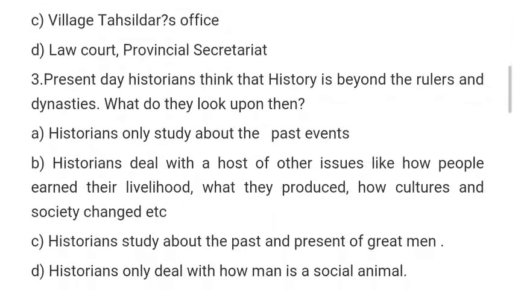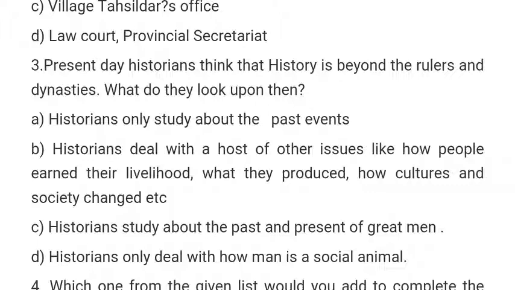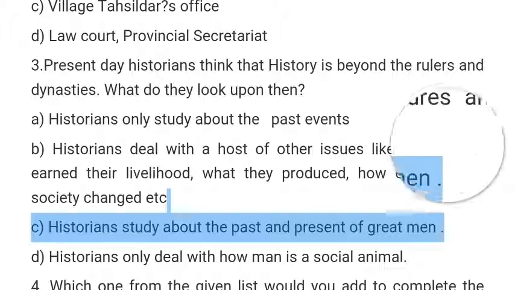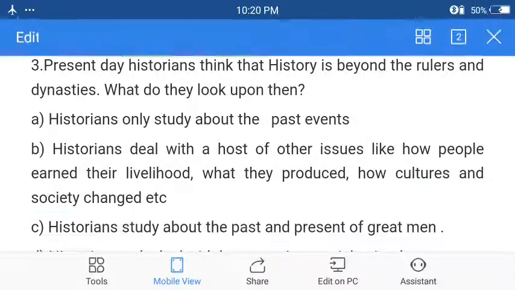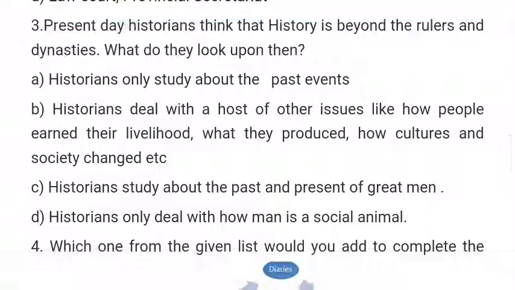Then question 3: present day historians think that history is beyond the rulers and dynasties. What do they look upon then? Historians only study the past events. Historians deal with a host of other issues like how people earned their livelihood, what they produced, how culture and society changed. Historians study the past and present of great men.